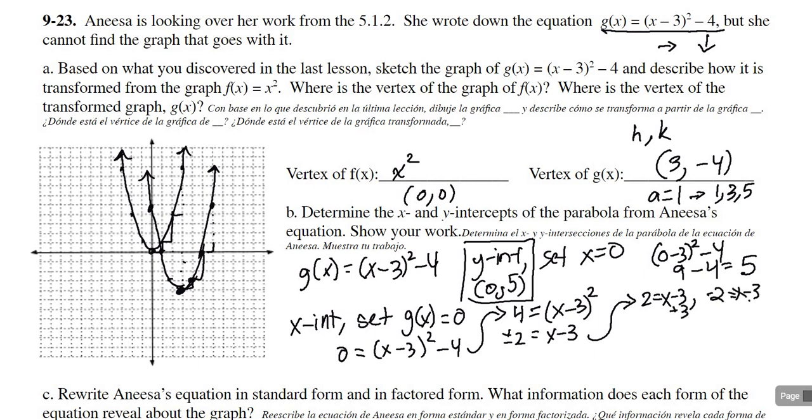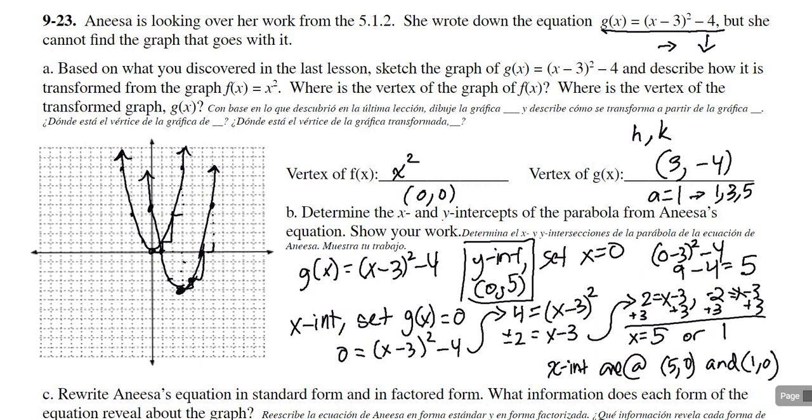Solving both of these gets me x can be either 5 or 1, meaning my x-intercepts are at (5, 0) and (1, 0). Okay, we continue.